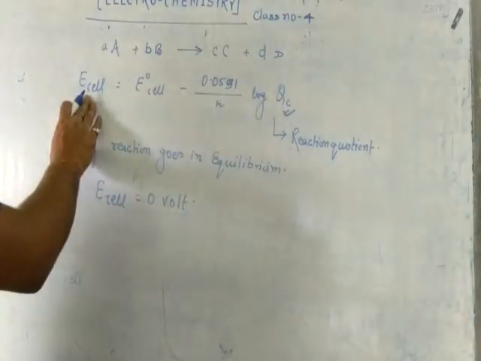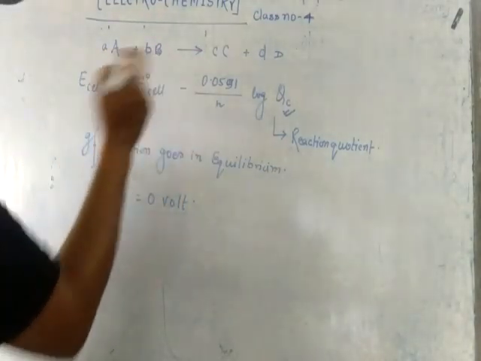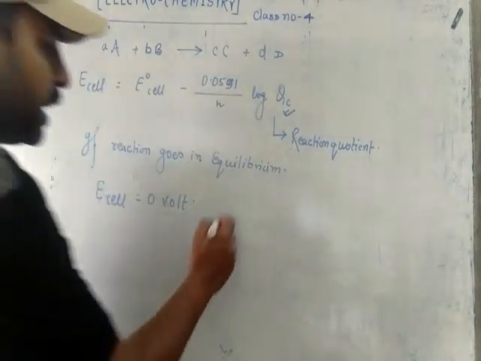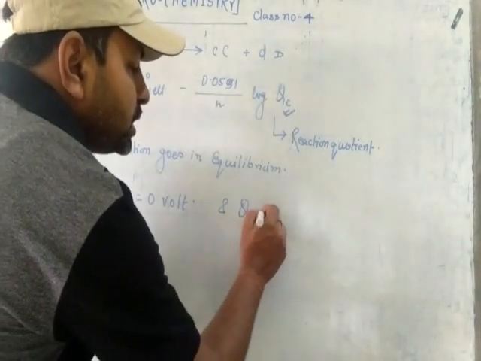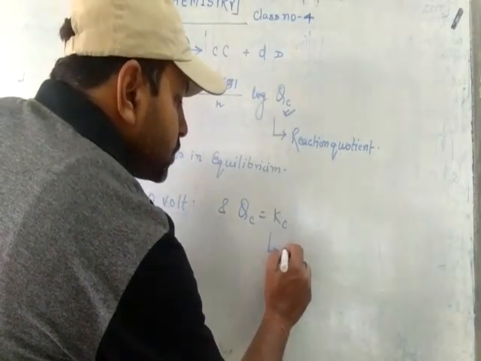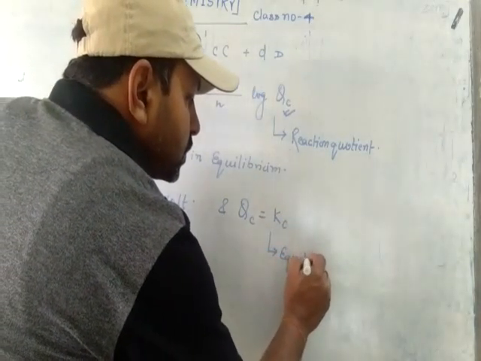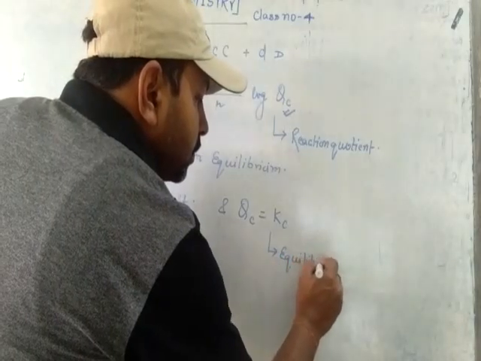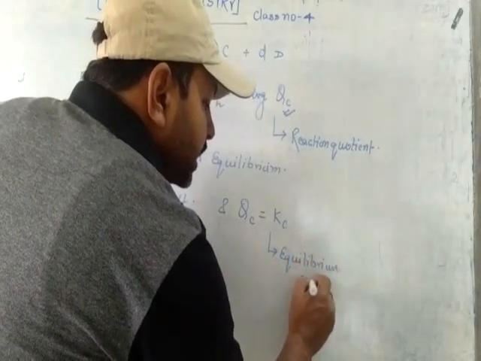Then the overall cell potential of the redox reaction is 0 and Qc becomes equal to Kc, that is the equilibrium constant.